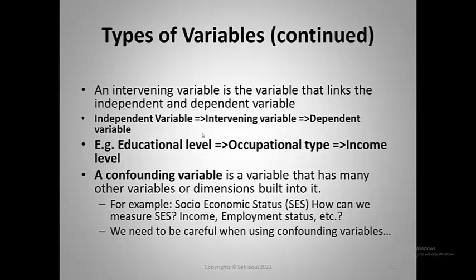For example, socioeconomic status: how can we measure socioeconomic status? Income, employment status, etc. So we need to be careful when we are dealing with confounding variables and not letting them interfere with what we are doing. We have to be clear about those types of variables in our research.